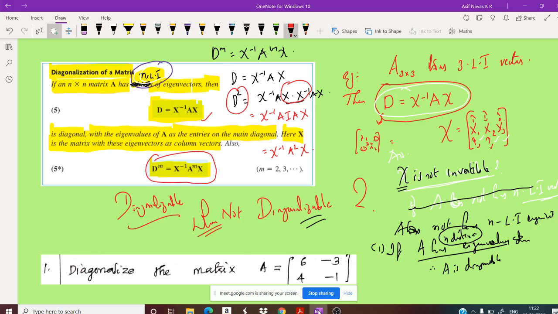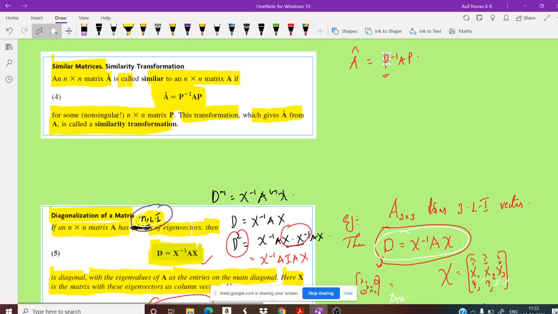Why is this important? Because suppose you want to find A raised to 10,000, it will be very difficult, right? It will take a lot of time.